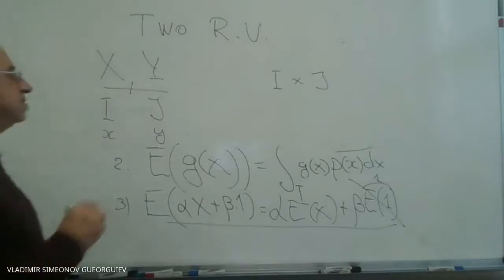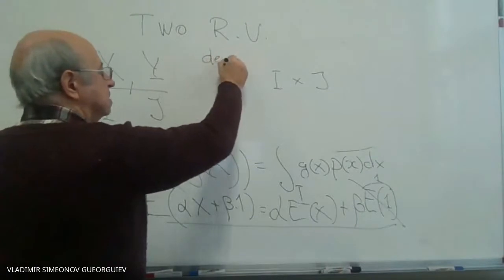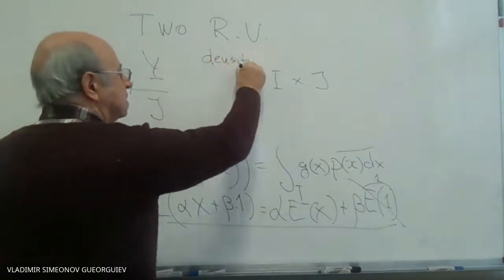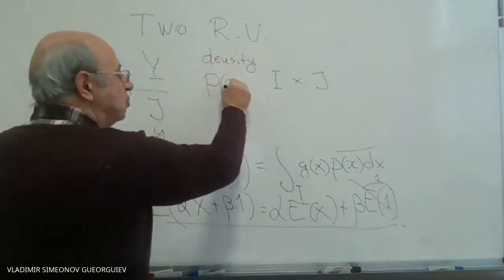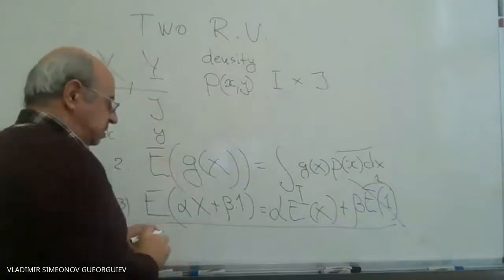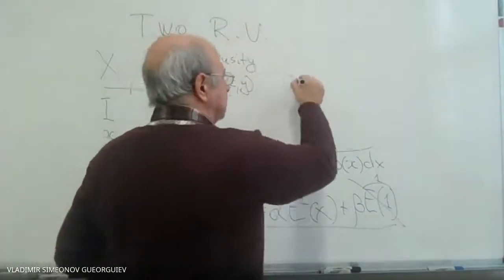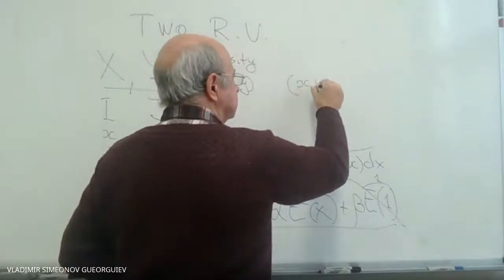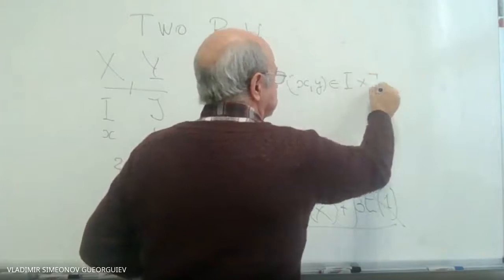So we need a density that is a function of two variables, x and epsilon, where the point (x, epsilon) belongs to our rectangle I times j.